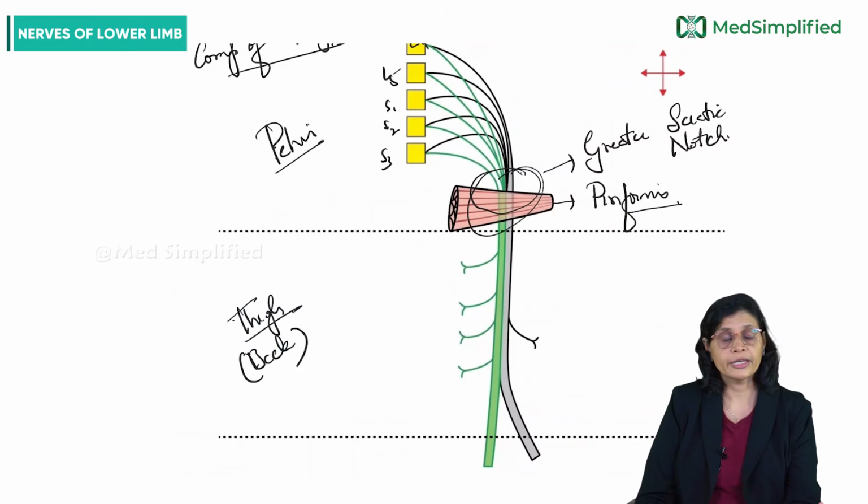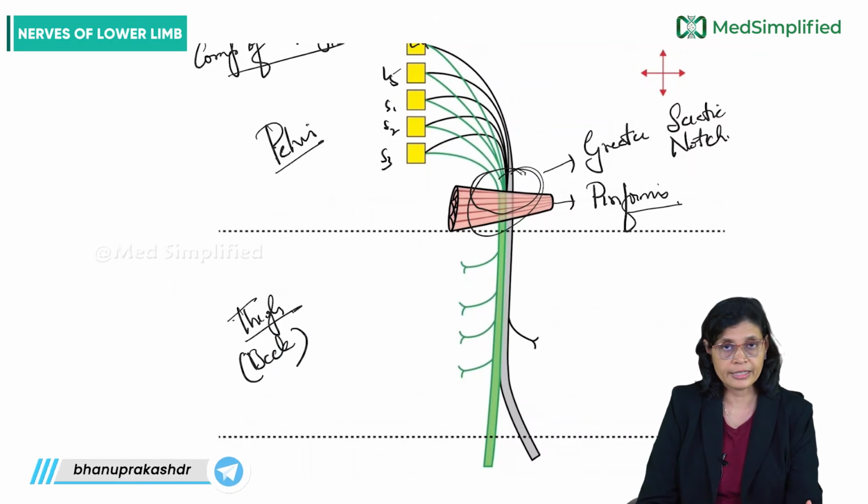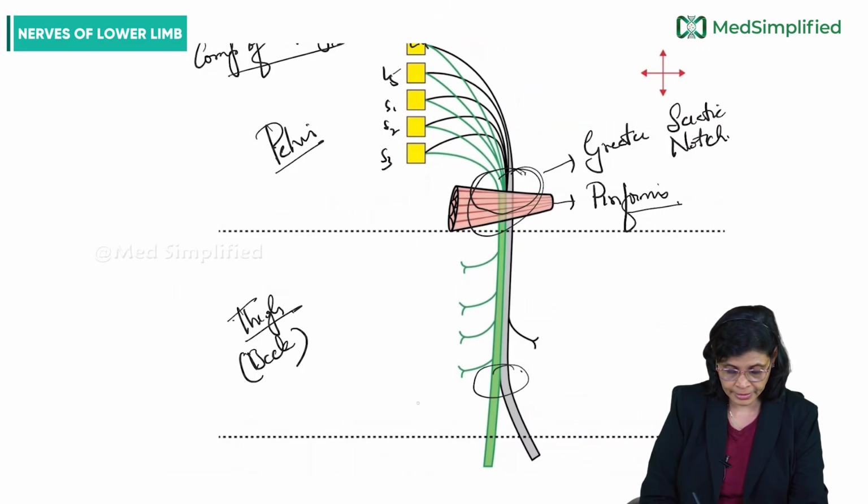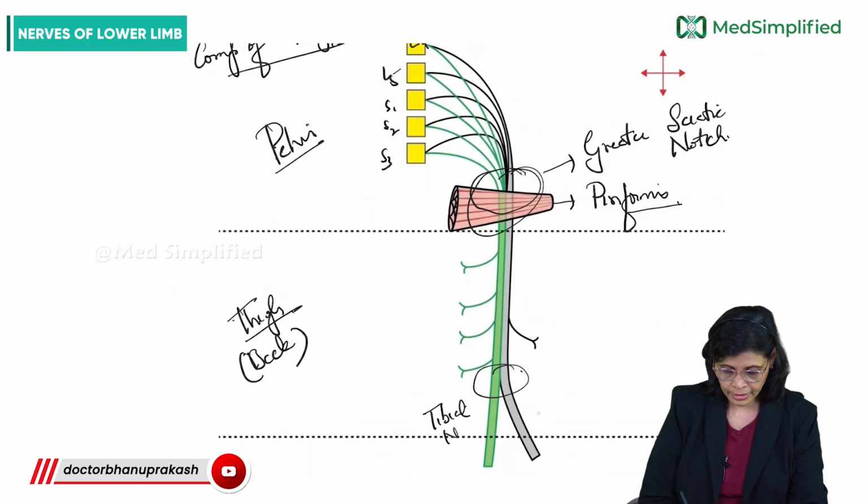There, at the junction of the middle one third and lower one third, that is at the superior angle of the popliteal fossa normally, is the usual site where it will divide into its two divisions: the tibial nerve and the common peroneal nerve. So it has two branches.